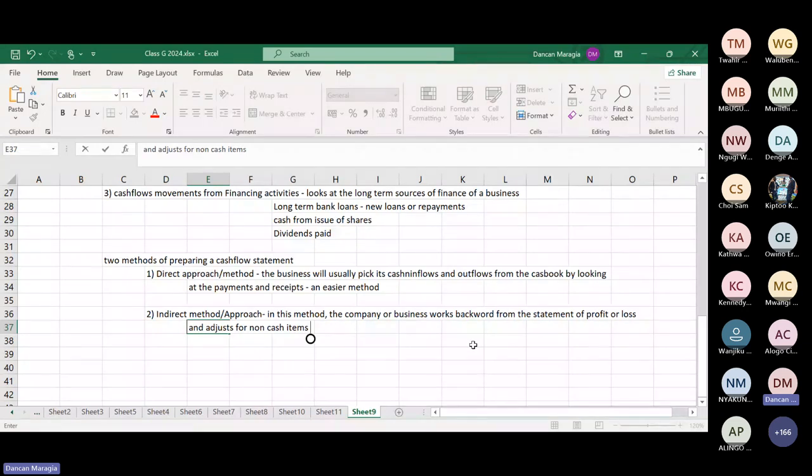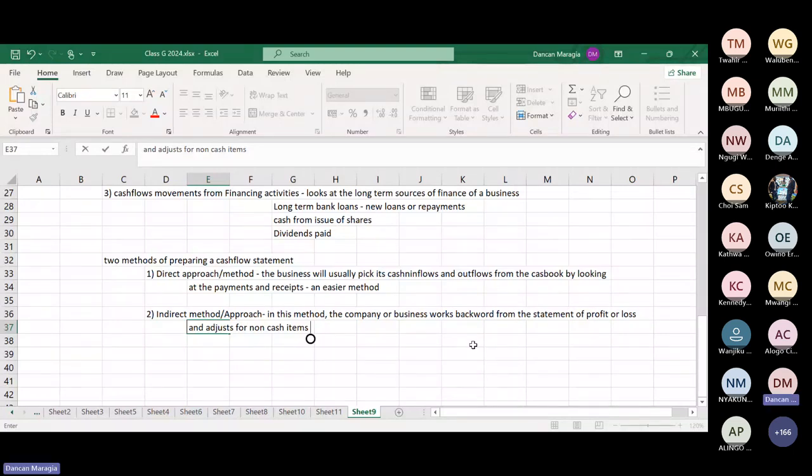So because of that, you realize that in the statement of profit or loss, there will be so many items, incomes and expenses, that have been recognized based on a method where we are taking the items before the cash has been received, or cash has been received and we have not recognized it as an expense. So the cash and the profit will not be showing the same amount. So we want to work from one to arrive at the other.